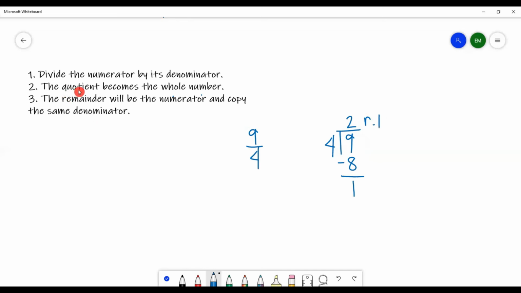The quotient becomes the whole number and the remainder will be the numerator. So we have 1 as our numerator and then copy the same denominator. Our denominator is 4. Therefore, the final answer is 2 and 1/4.